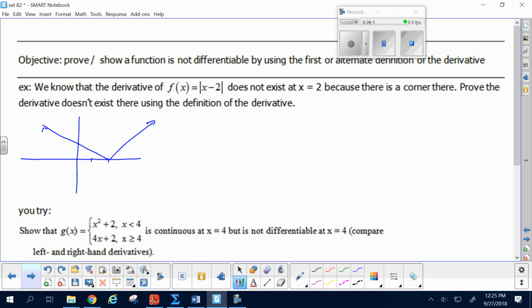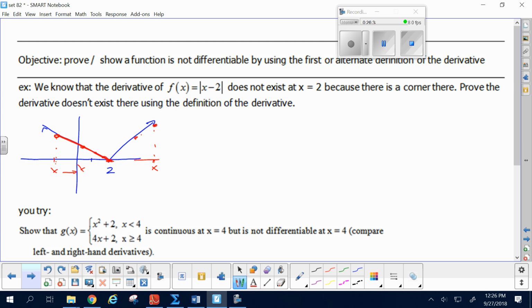All right. Now, the whole idea of the derivative is to take a point and a second point nearby, find the rate of change or the slope between those, and say what happens as the two points get closer and closer together. And that should be the same whether you take a point on the left of 2 or the right of 2.